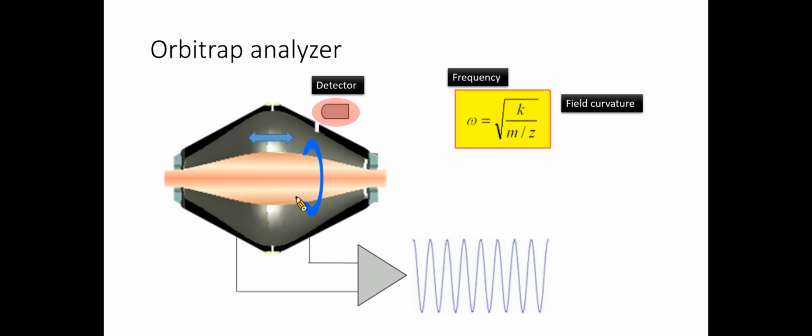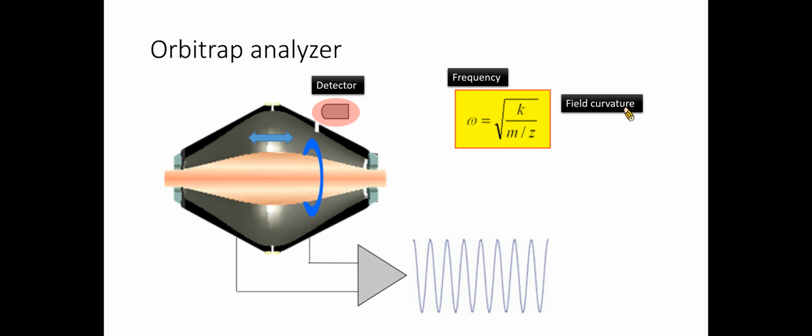The formed ion ring would oscillate back and forth along the central electrode with a frequency of omega. This movement will be detected on the outer electrodes. The oscillating frequency can be described by the square root of k over the mass-to-charge ratio, where k is the field curvature.